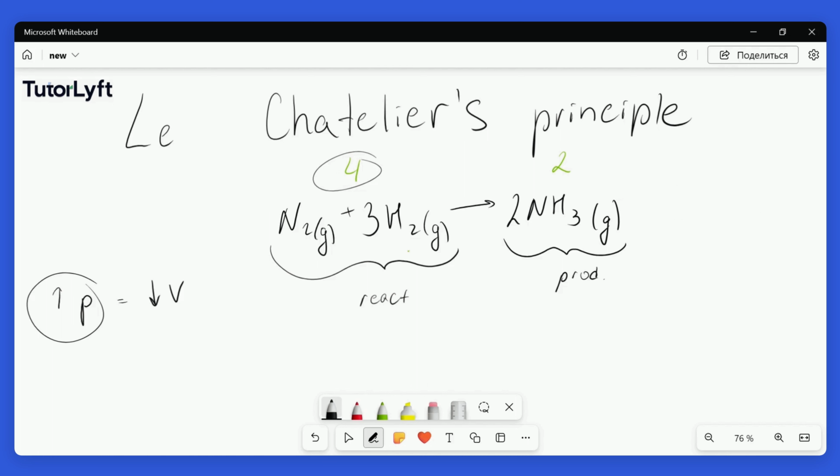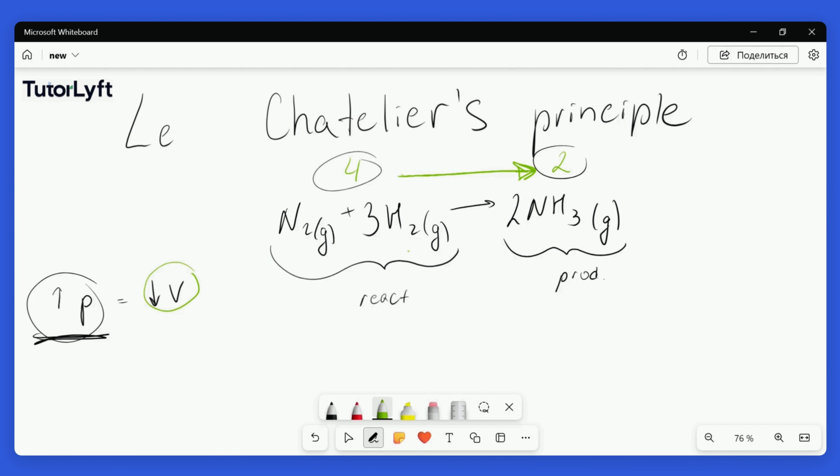So we have 4 and 2. Now, hear me out. If we increase the pressure, the equilibrium will shift towards the smaller number of moles of gas. So once again, increasing the pressure causes the shift of the equilibrium to the smaller number of gases, which is in this case 2 on the right and 4 on the left.